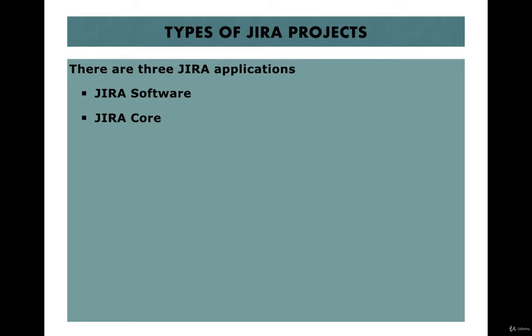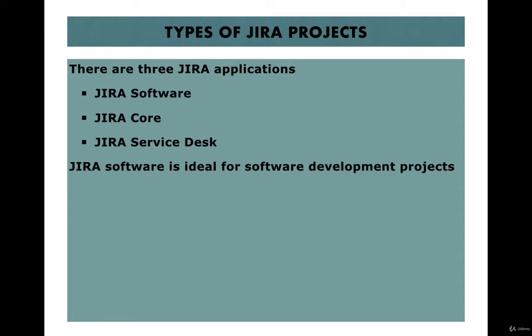The second one is Jira Core. If you have installed only Jira Core, then it will give you a business capability to manage projects which are only relevant to other business units and not software development projects. The third one is Jira Service Desk, which is more relevant for IT help desk sort of projects.